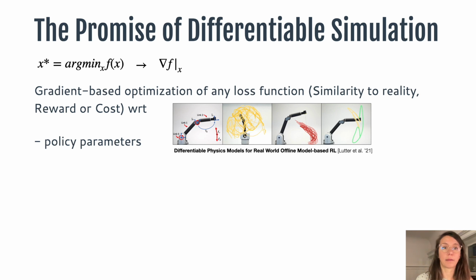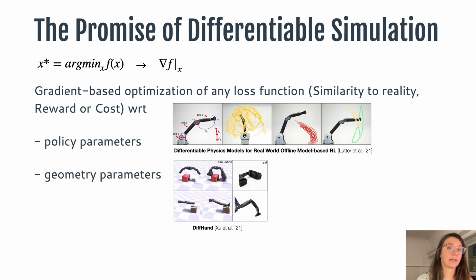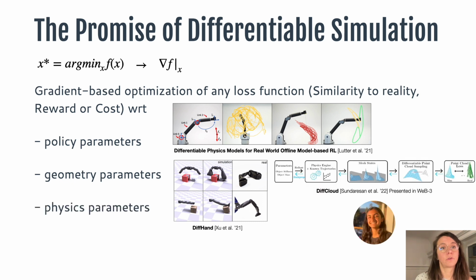Here's one example from this work from Michael Luther. Or we can optimize this loss function even with respect to geometry parameters, like, for example, done in this work called diffhand. And we can also potentially optimize this loss function with respect to any physics parameters.